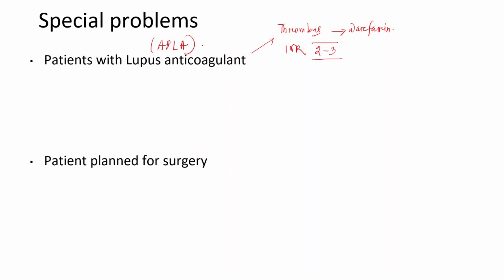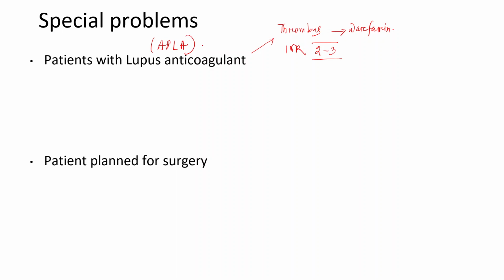Studies have shown that targeting a higher INR in these patients is not as effective as keeping the INR 2 to 3. So the recommendation is that even in patients with lupus anticoagulant, if they have thrombus and you have given warfarin, INR has to be kept between 2 to 3.